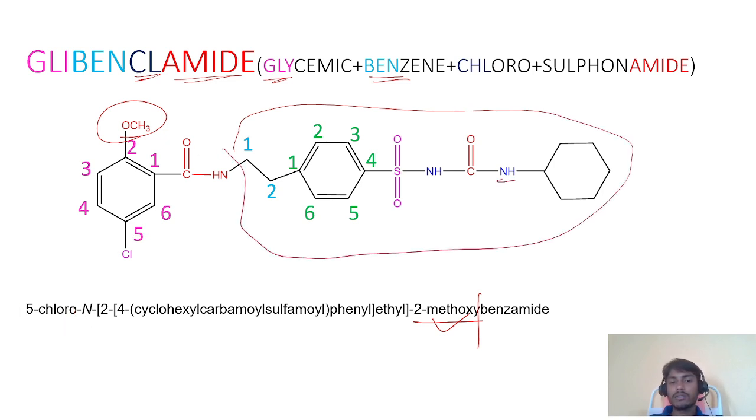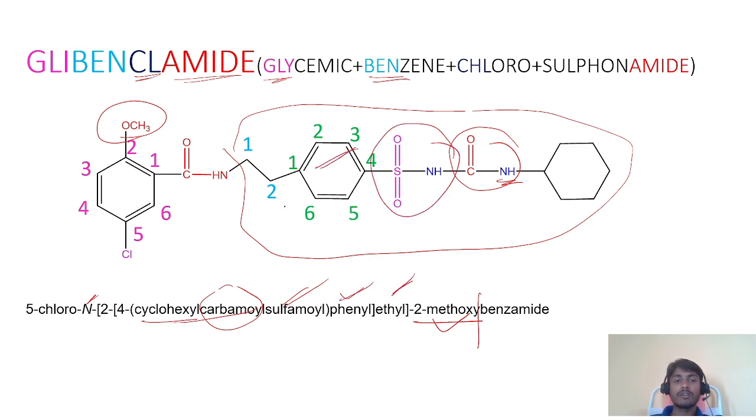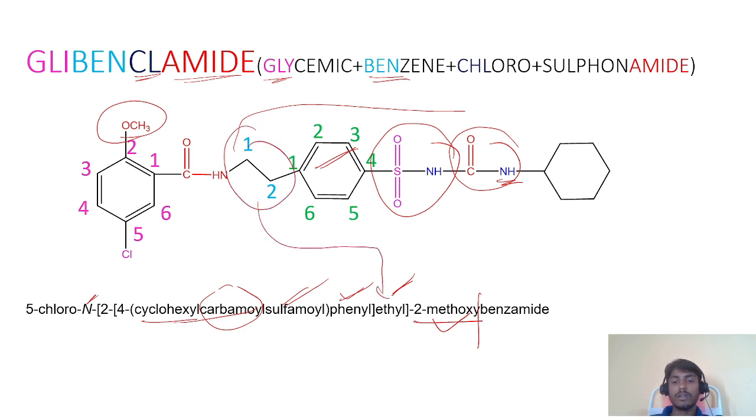So on nitrogen what is there? Cyclohexyl, carbamoyl group is here. Sulfamoyl, this is a sulfamoyl group. Next, phenyl group is this one. Ethyl group is here, 2 carbon containing ethyl group. 2-methoxybenzamide. So this is the IUPAC name of glibenclamide.